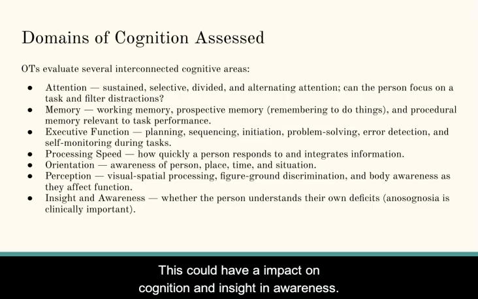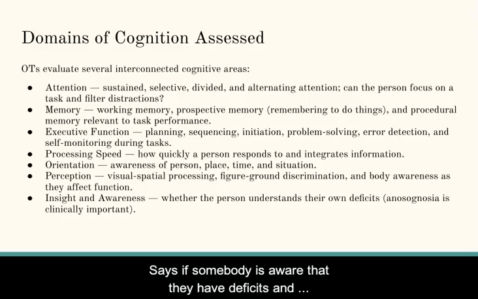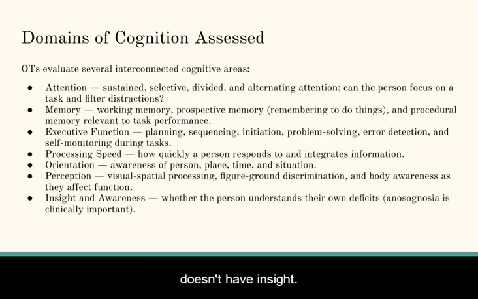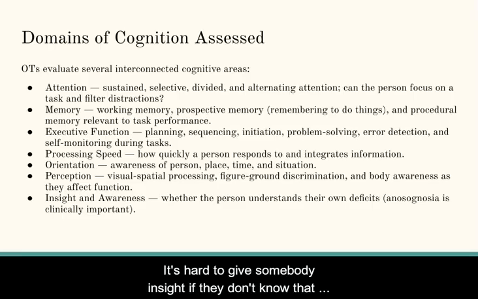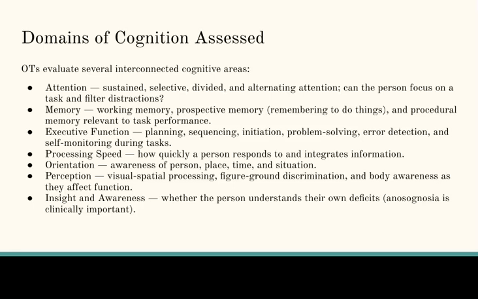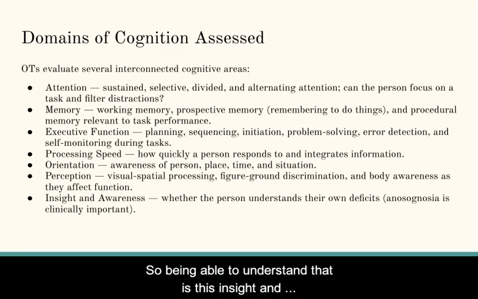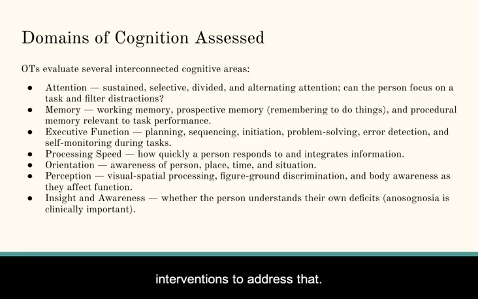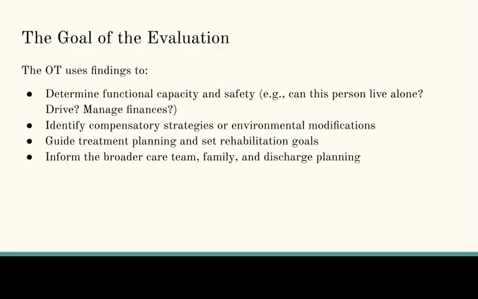And insight and awareness is whether somebody is aware that they have deficits, and this is one of the hardest things to treat. If somebody doesn't have insight, it's hard to give somebody insight if they don't know that they have impairments. So being able to understand that, and then how to craft your evaluation and interventions to address that.